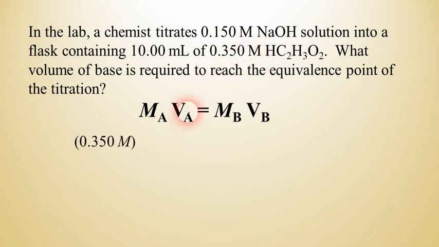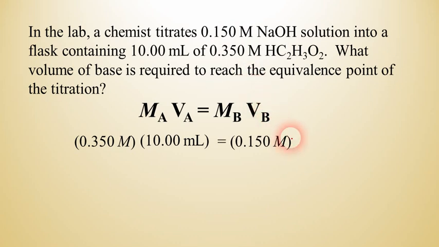Now, the volume of the acid, that's given to us as well. It tells us right here that we have 10.00 milliliters of that, so I'll plug that in for V sub A. And then for M sub B, that's the molarity of the base. Well, it tells us what the molarity of the base, the sodium hydroxide, is, 0.150.